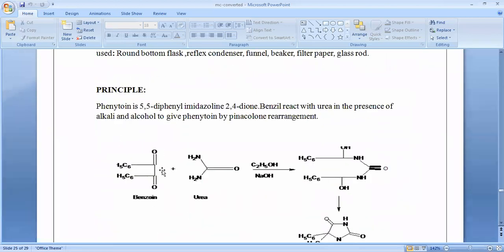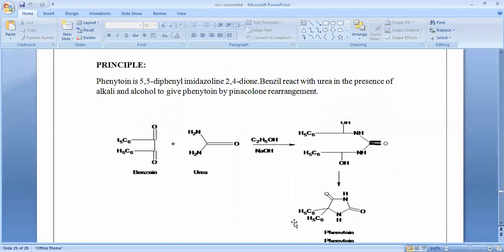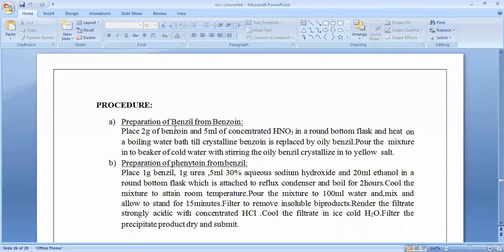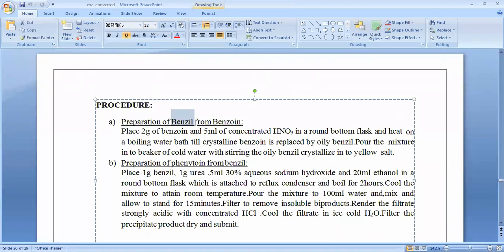When this benzil molecule reacts with urea, it synthesizes the phenytoin molecule. But before that, we have to synthesize the benzil molecule from benzoin. This particular synthesis we have done in the lab.